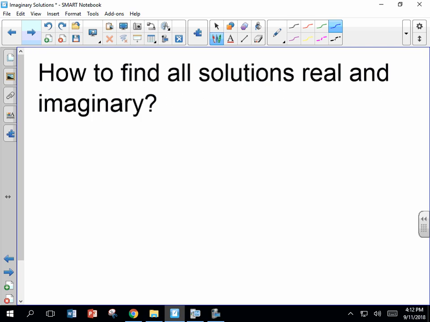Now, how do we find all the solutions, real and imaginary? Well, we've talked about how to find the real ones. The real ones are where it crosses the x-axis. So how do we find the imaginary solutions?